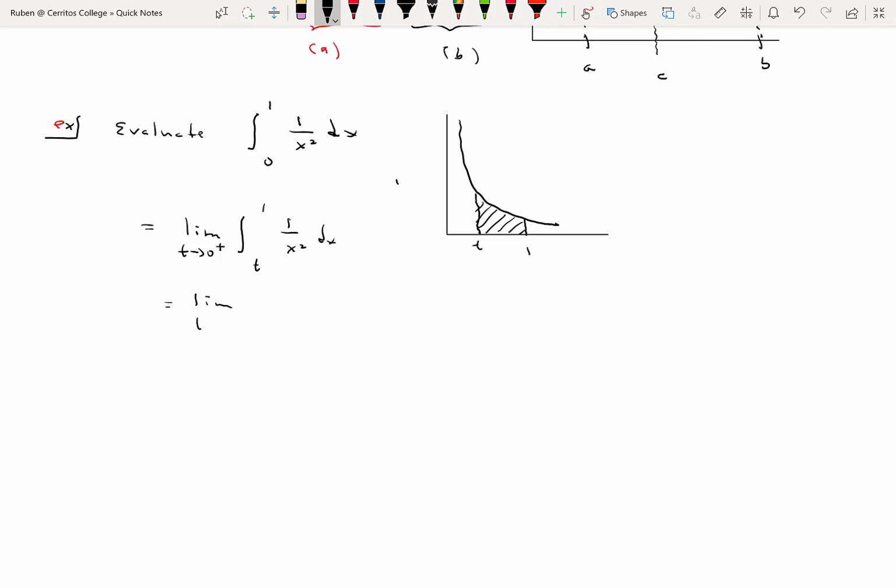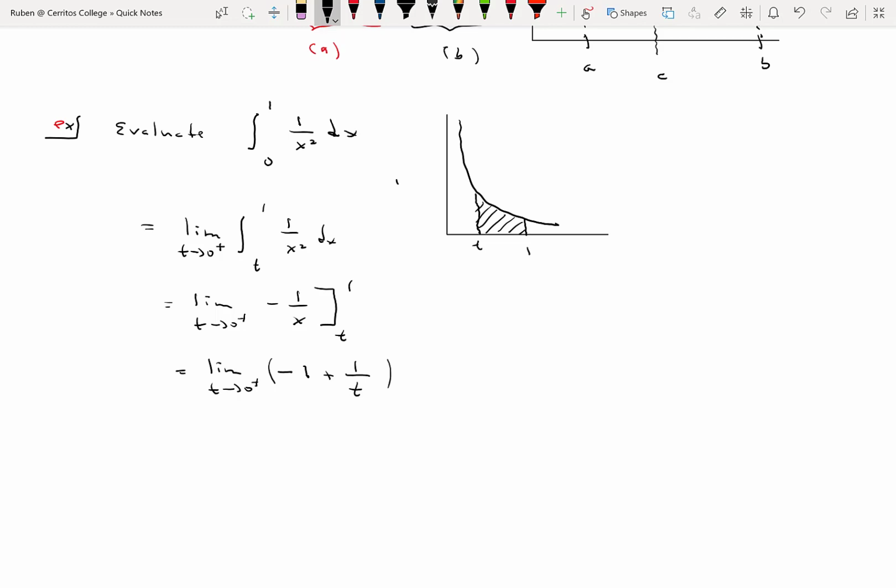The antiderivative of 1 over x squared, we've seen this function a few times today, is negative 1 over x. So this is equal to the limit as t approaches 0 from the right of negative 1, when I substitute the upper limit in, plus 1 over t, subtracting the antiderivative at the lower limit.